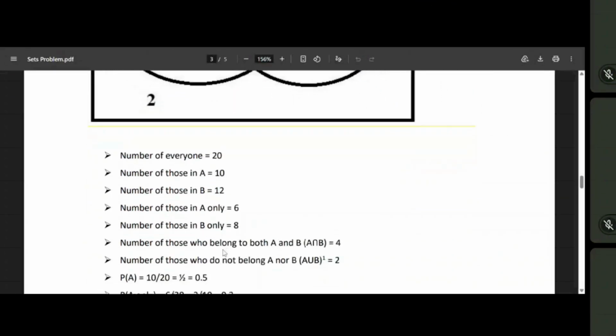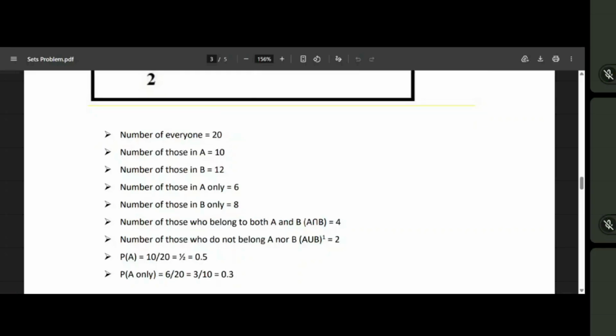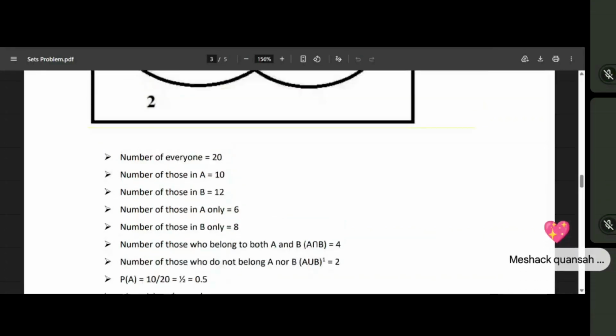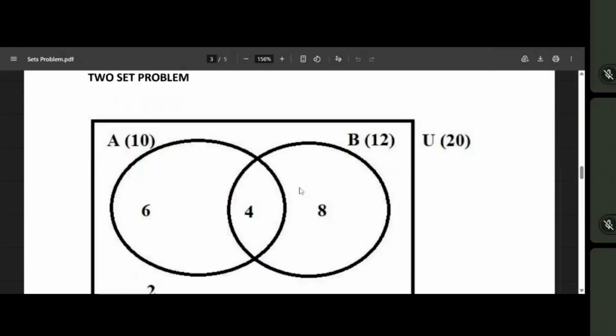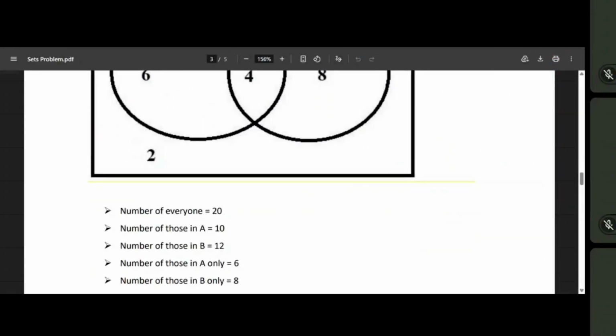So let's look at how they are described. Number of everyone, that's the universal set, is 20. Number of those in A, they belong to A. That's why we are saying they have diabetes. They are 10. Number of elements in B is 12, those with hypertension.